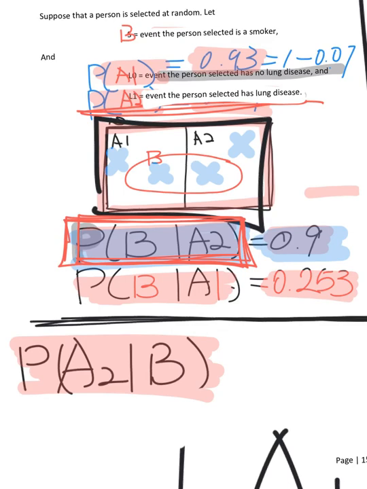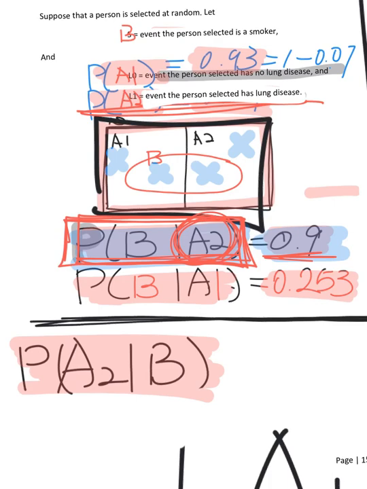It means among the patients, A2 is given among the patients. What is the ratio? What is the percentage? They are smoking. 90%. Man, why not? Yeah, don't smoke. It is not good for you. Right? Among the patients, 90% of patients, they are smoking.